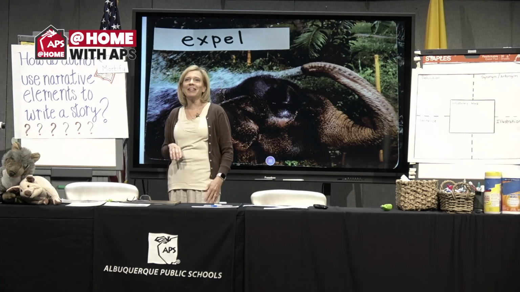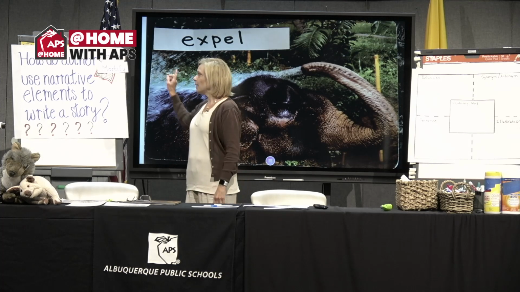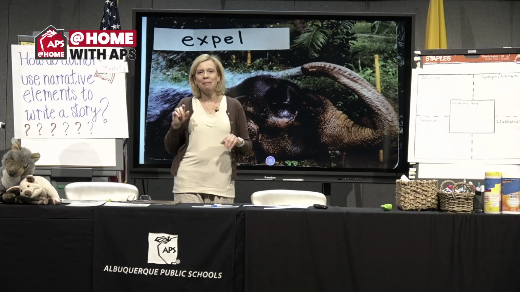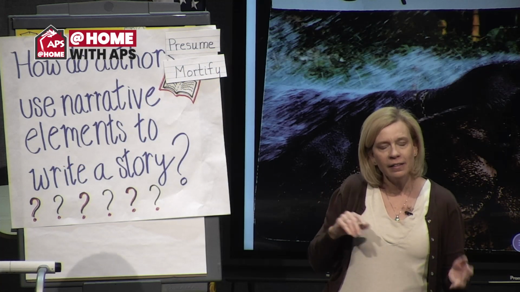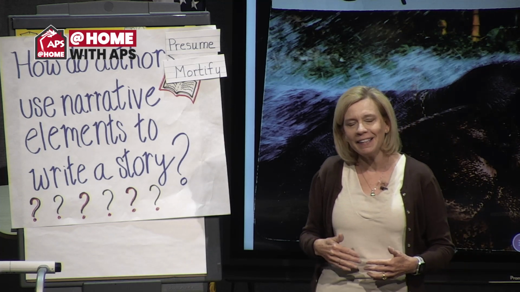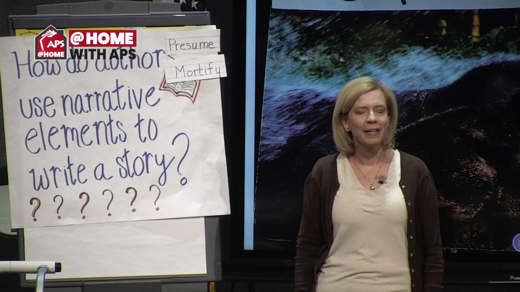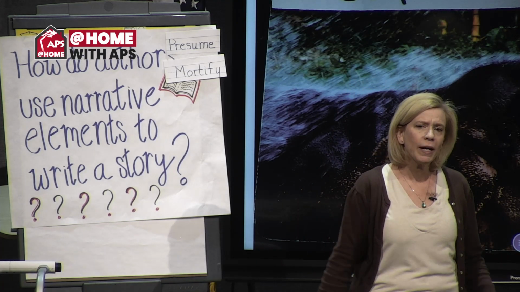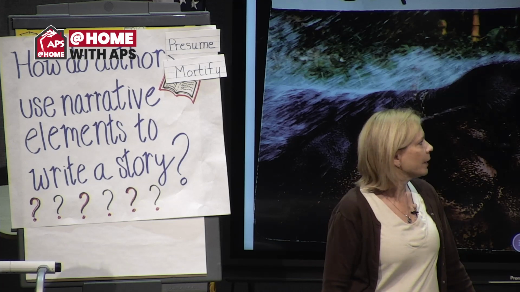And the other word that I absolutely love is mortify. Ooh, mortify. It means kind of scared, embarrassed, something that you do that might not be quite exactly what you intended, and something kind of bad happens. But it's a great word to use in your writing.